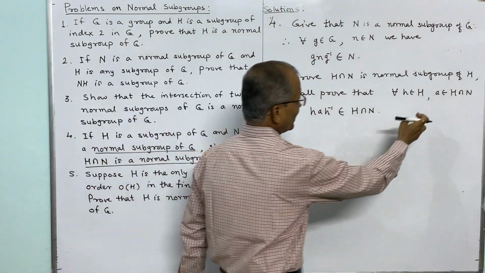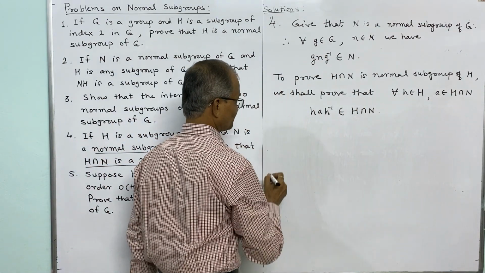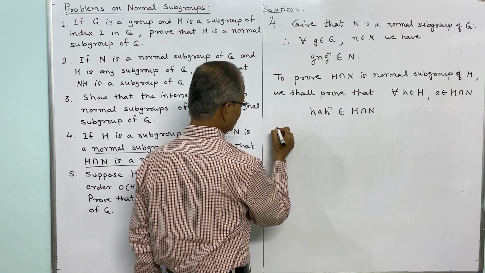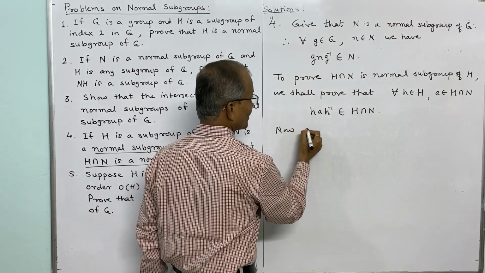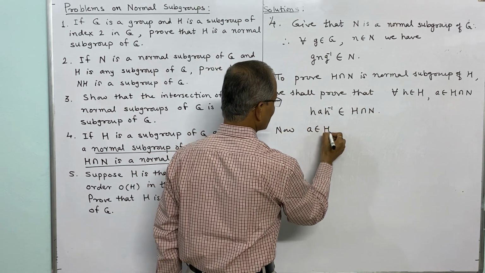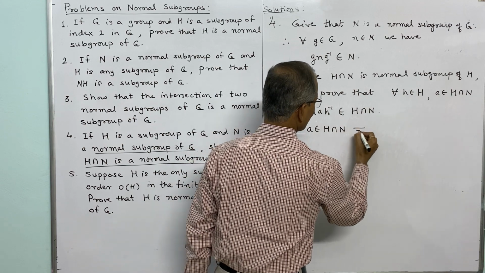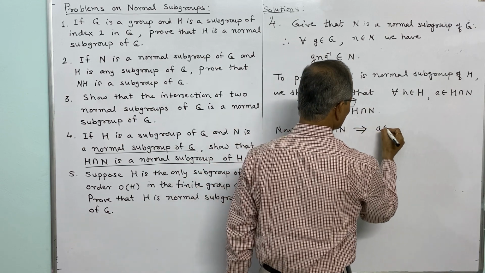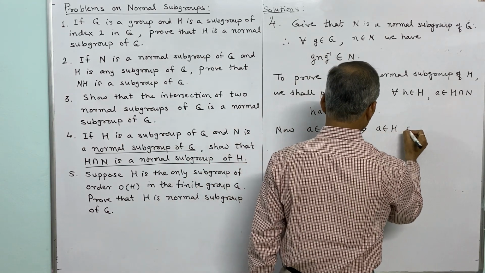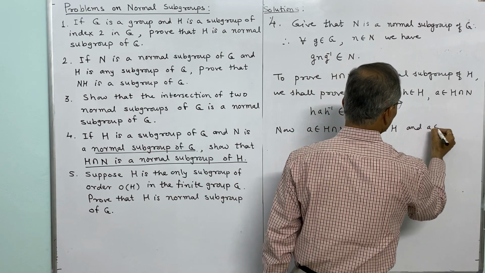Now consider a belongs to H intersection N. What does this imply? This will imply a belongs to H and a belongs to N.